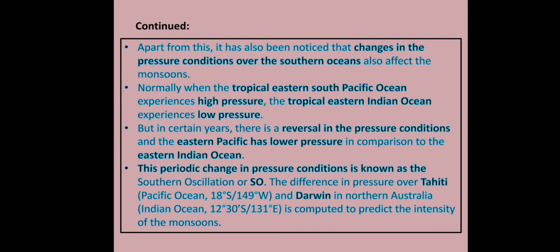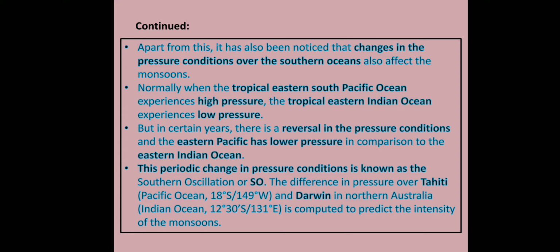But in certain years, there is a reversal in the pressure conditions, and the eastern Pacific has lower pressure in comparison to the eastern Indian Ocean. This periodic change in pressure conditions is known as the Southern Oscillation, or shortly SO. The difference in pressure over Tahiti and Darwin in northern Australia is computed to predict the intensity of the monsoons.